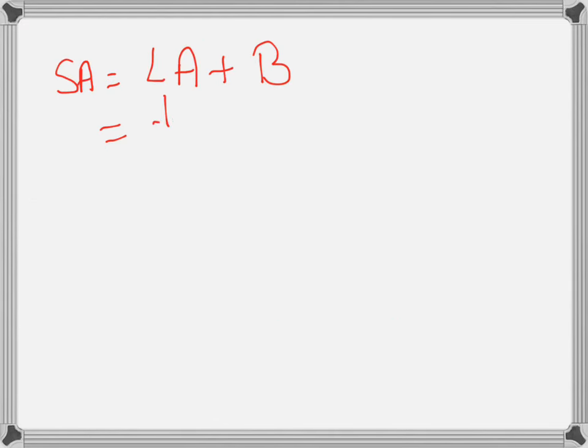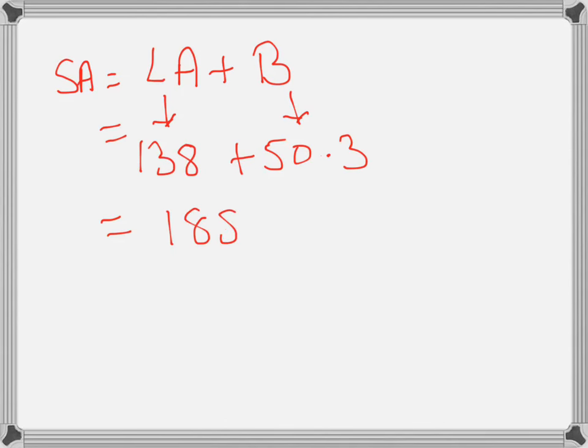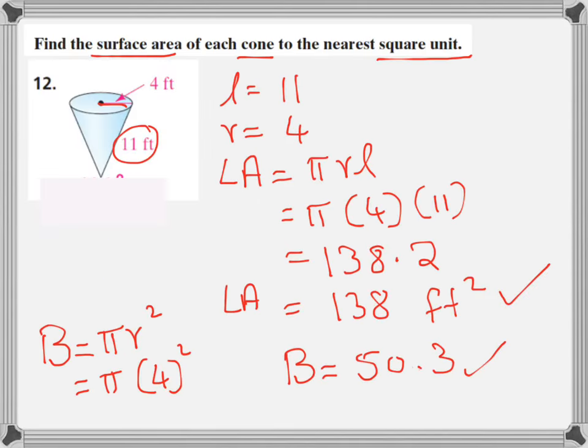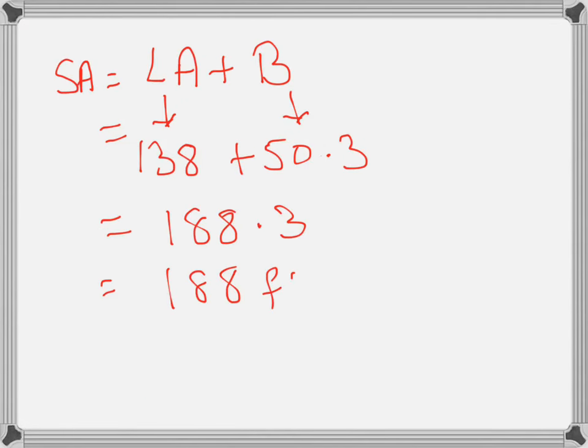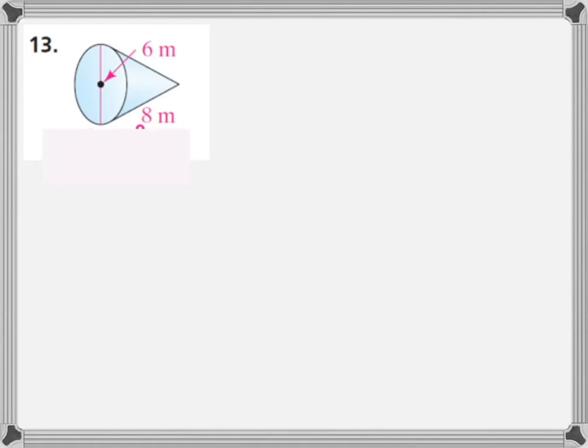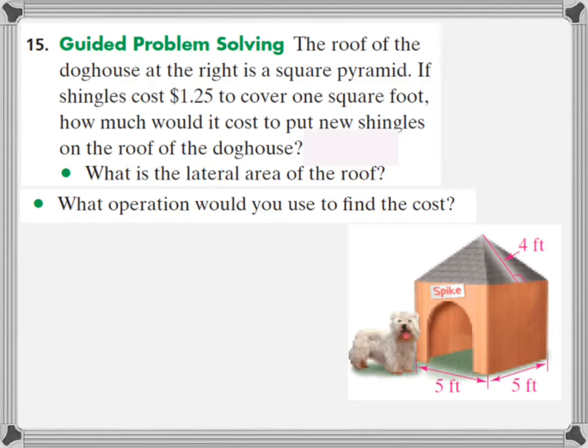So that is going to be equal to 188.3. Round to the nearest square unit, which is 188 feet squared. And that's how you're going to do number 13, number 14, number 15. Give it a try.